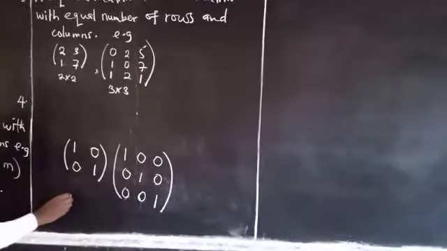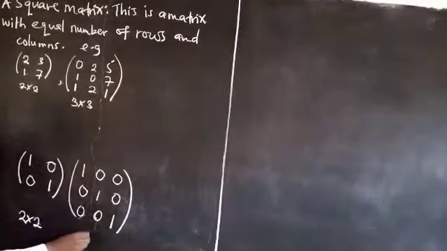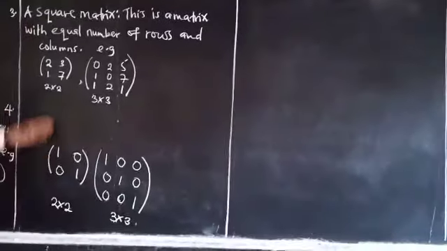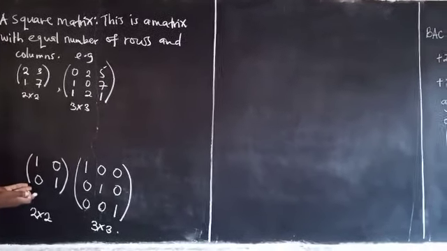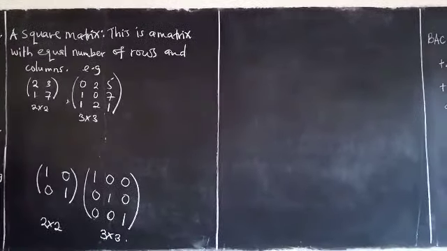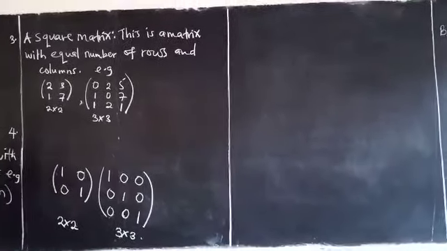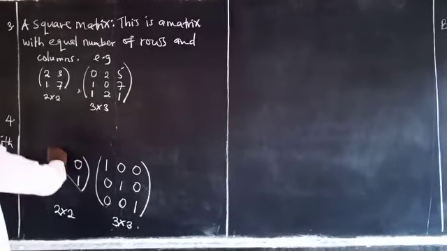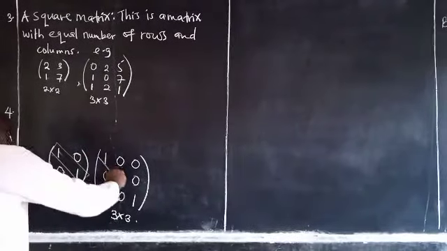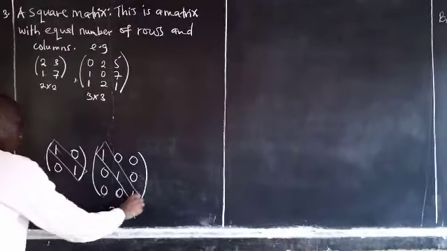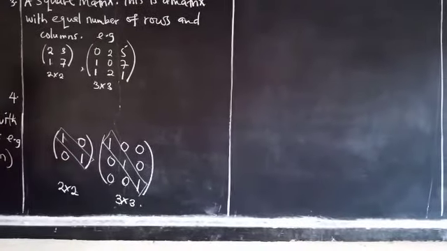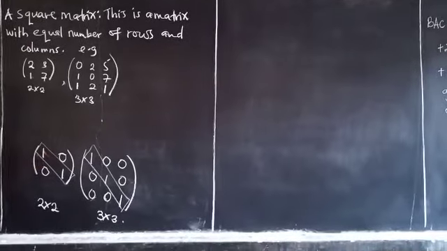This is a 2 by 2, and this is a 3 by 3. This is a square matrix, right? 2 rows, 2 columns. 3 rows, 3 columns. It's a square matrix, but it's a special matrix that within this diagonal, all the elements in that diagonal are 1 and the rest are zeros.